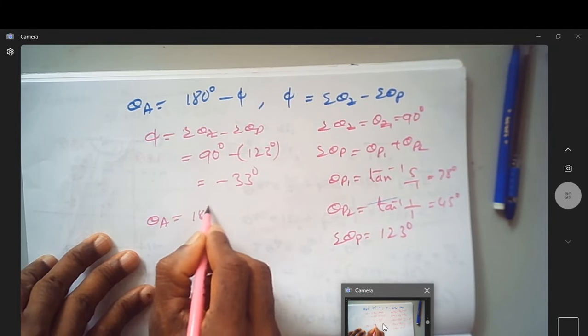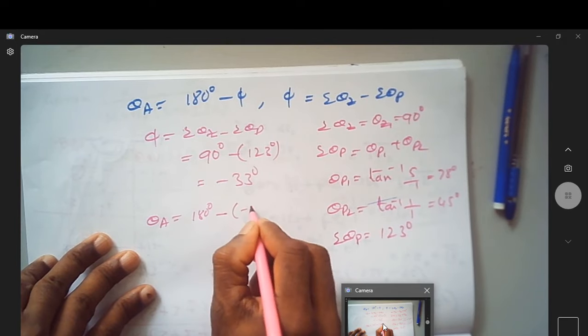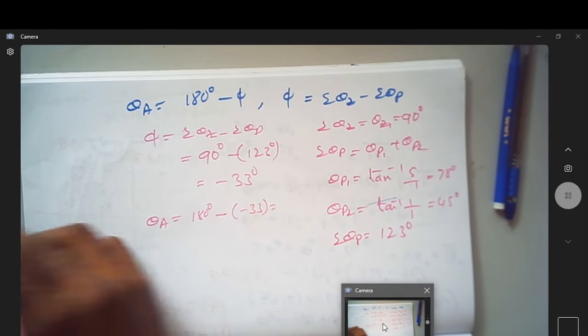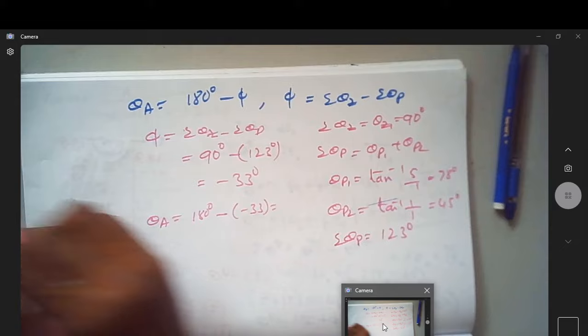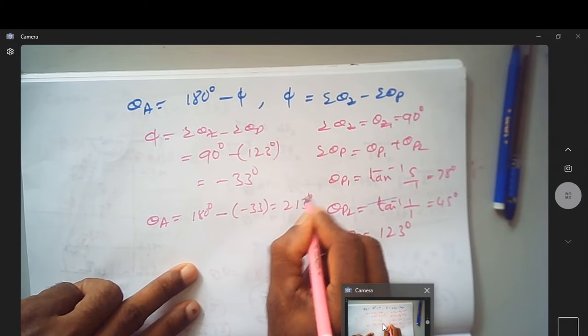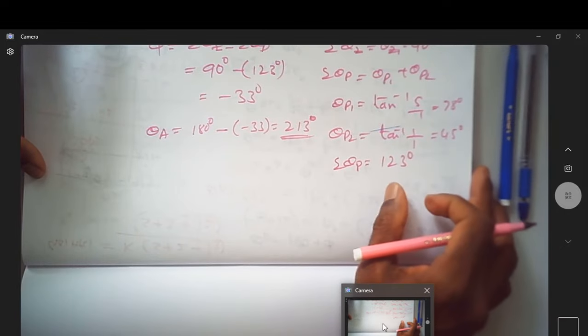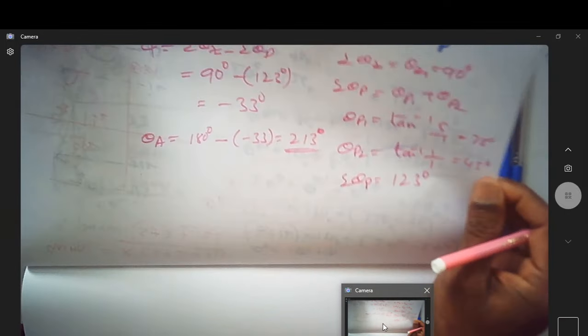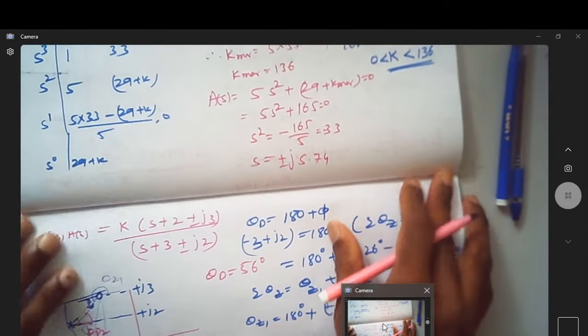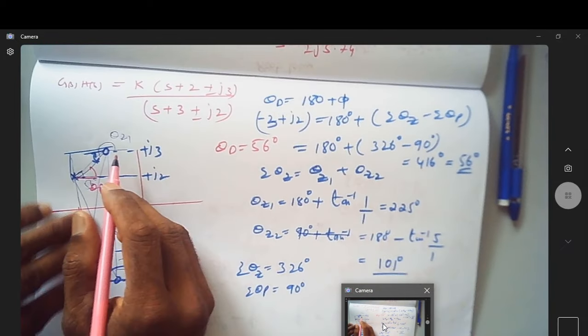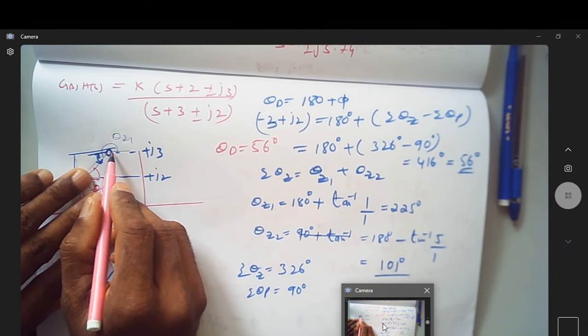It is 180 degrees minus of minus 33, which is 213 degrees. This is the angle of arrival. So let us find 213 degrees as the angle of arrival of the root locus to this zero.